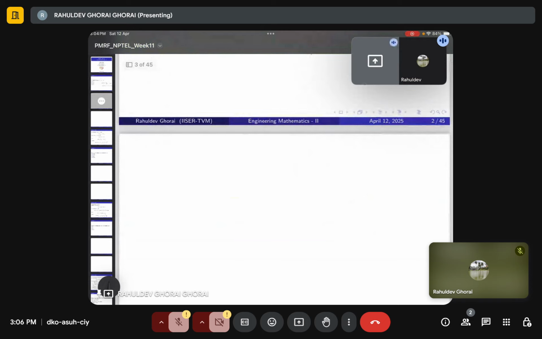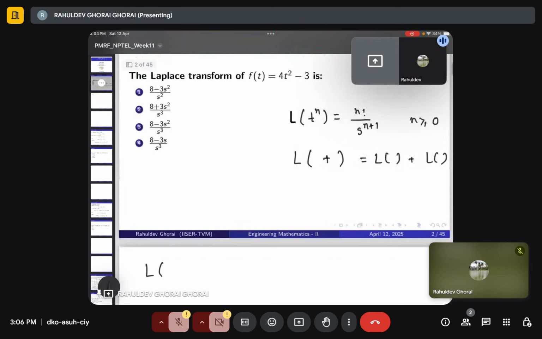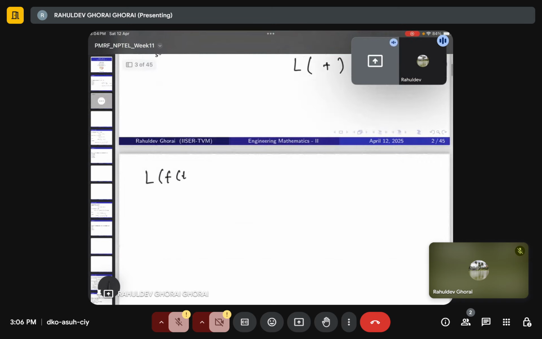Now if we apply it, L of f(t) is equal to L of 4 times t square minus 3, that is equal to L of 4 times t square minus L of 3.